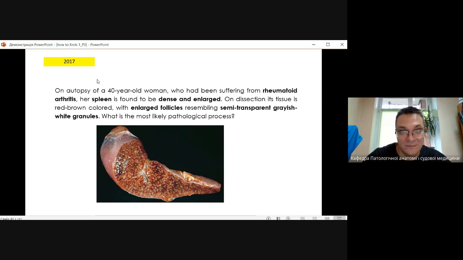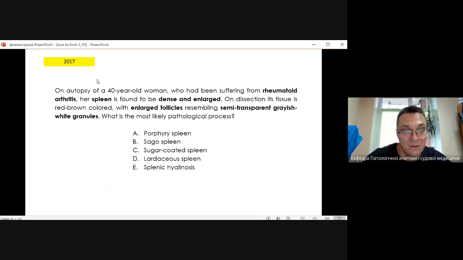You see, this woman suffered from rheumatoid arthritis, and as a result, we see systemic AA amyloidosis and the gross appearance of this amyloidosis in the spleen. That's sago spleen. B is the correct answer.